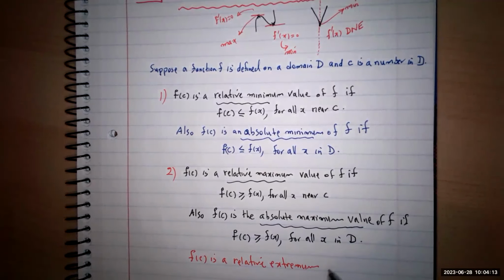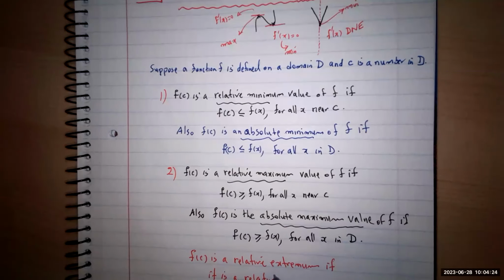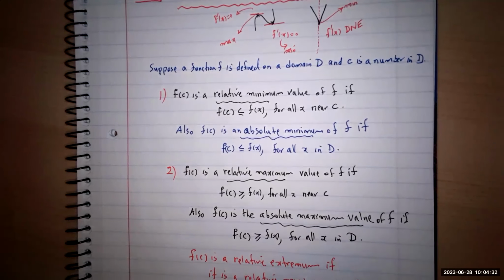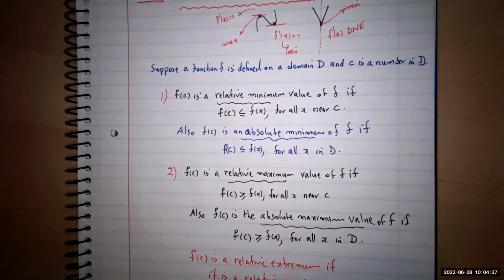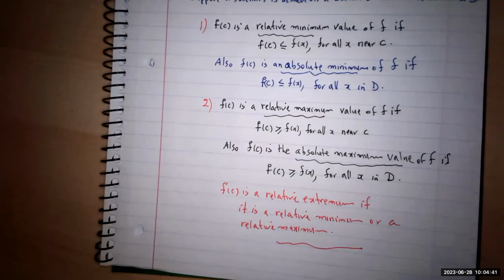This expression is used if it is either a relative minimum or a relative maximum. This is the expression that we use most of the time when we just want to start to get these numbers.